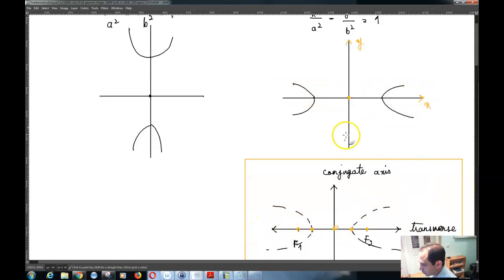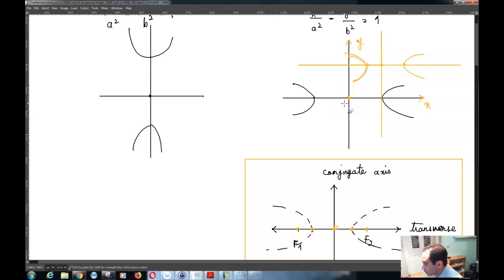You could keep the center over here and put your transverse axis across the y-axis, or you could do any other orientation of this whole system in this plane, meaning that you can keep moving it in any way that you want. You could put the center, for example, over here, and then the system would look something like this, and then your hyperbola would be something like this. So you could do anything that you want.